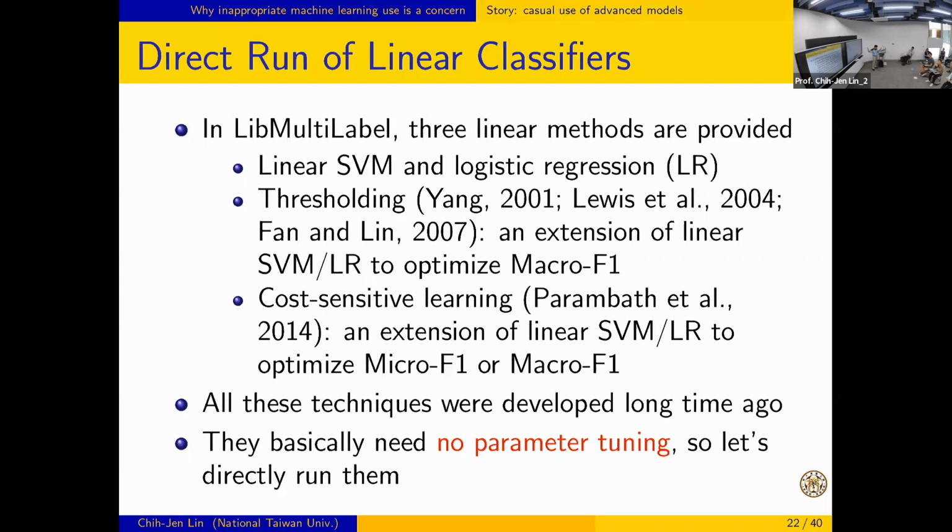With some very simple settings, those SVM and logistic regression can be used to solve multi-class or multi-label problems. Then I have 2 extensions. One called threshold tuning. Here I only say that it is an extension of linear SVM or logistic regression to optimize macro F1.